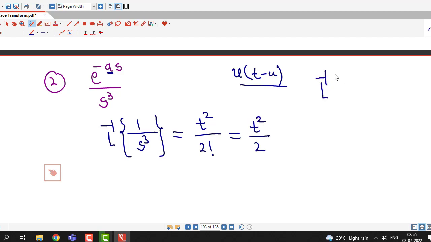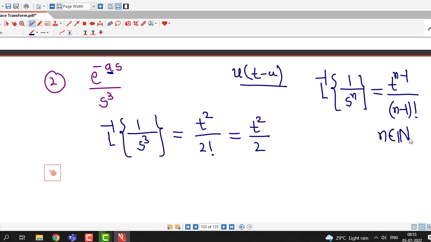Recall this formula. If we have L inverse of 1 divided by s raised to n, then this is given by t raised to n minus 1 divided by n minus 1 factorial if n is a natural number. So here we have used this formula for n equal to 3. So we have 3 minus 1, that is t square divided by 2 factorial, and this is our small f.